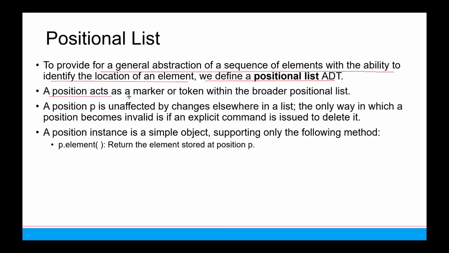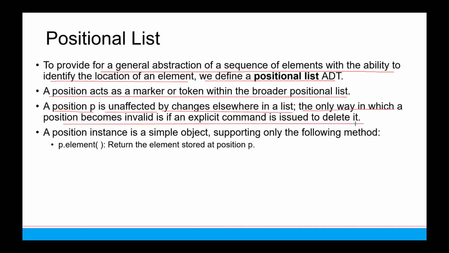A position acts as a marker or token within the broader positional list. And a position p is not affected by changes elsewhere in the list. So the only way in which a position becomes invalid is if an explicit command is issued to delete it.